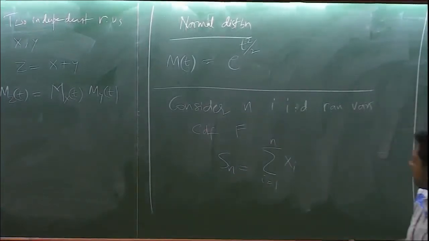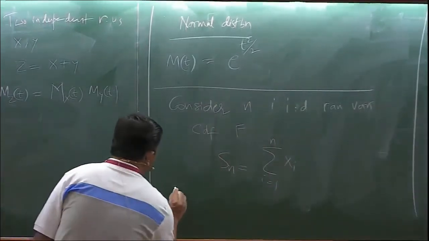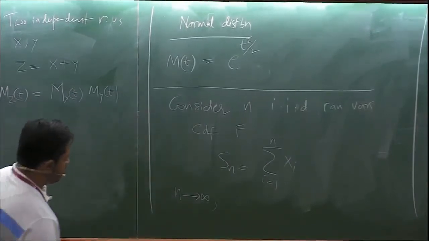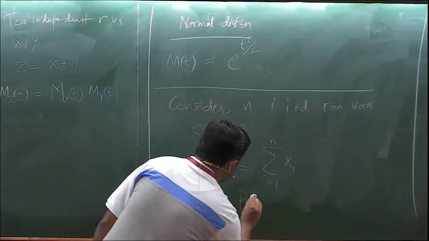And I particularly want to look at the following: if I look at a large number of such random variables, in the limit n tends to infinity, what is the probability distribution for Sn?